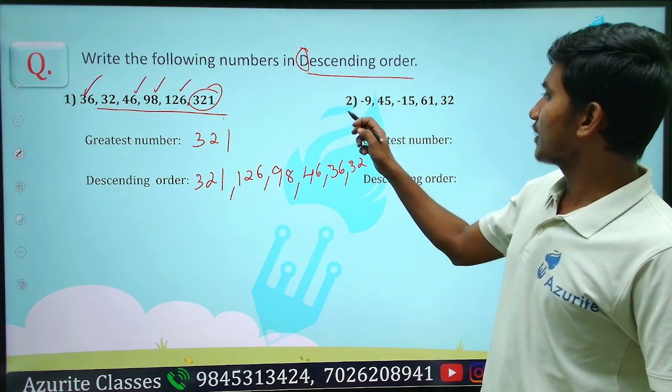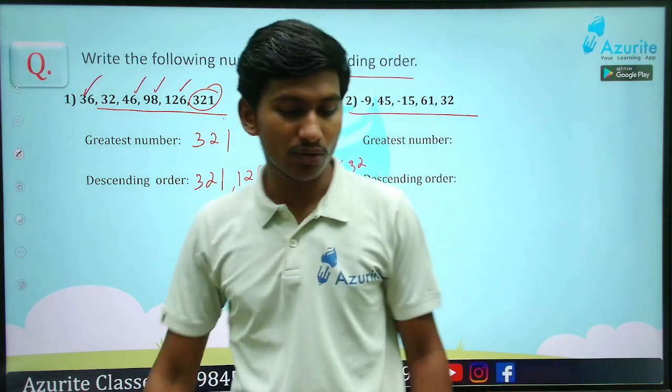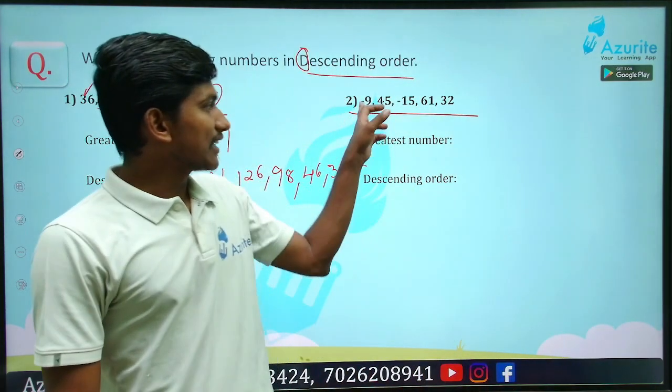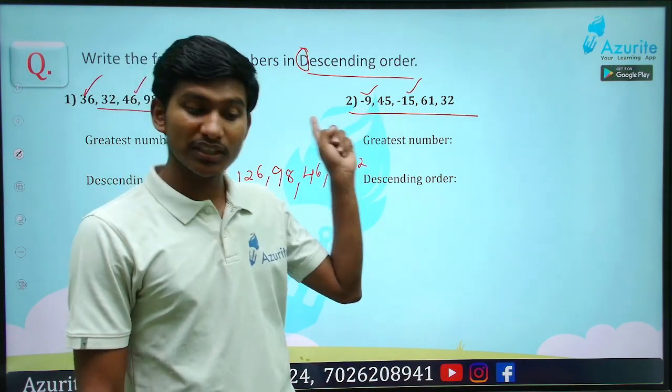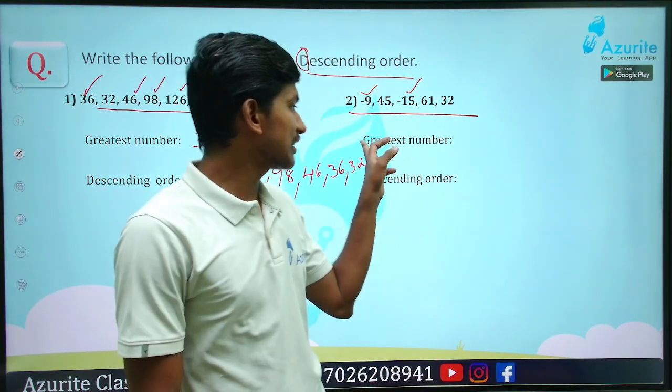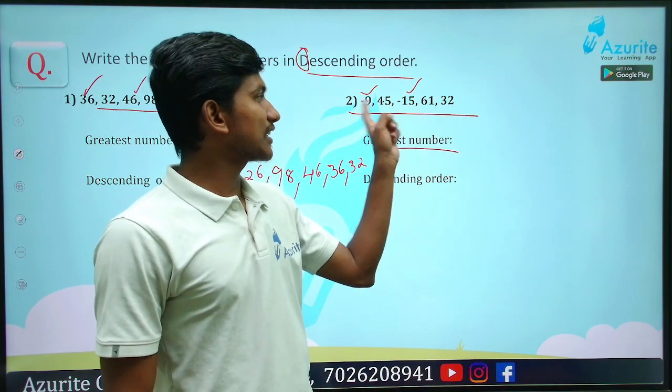Next, let us see the negative form. Here minus 9 is there, minus 15. Here we should not take the negative first because the positive is the greater number.